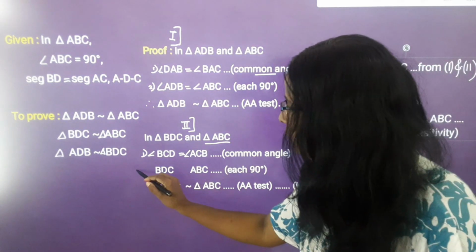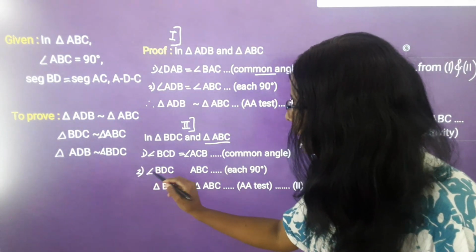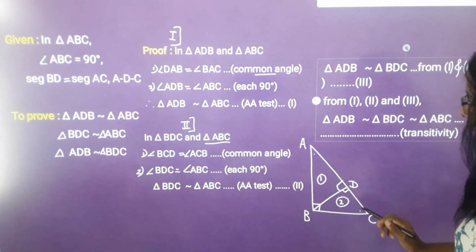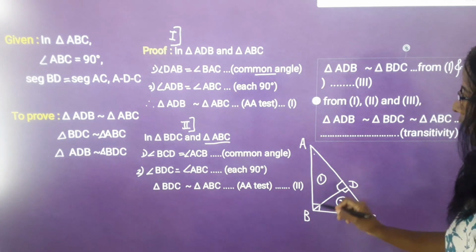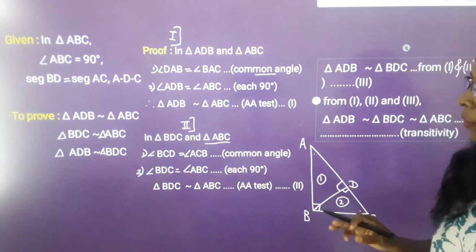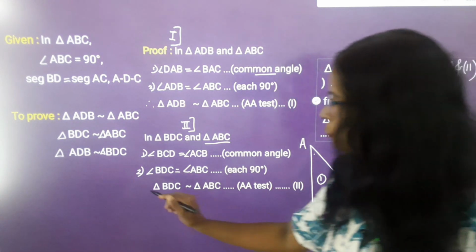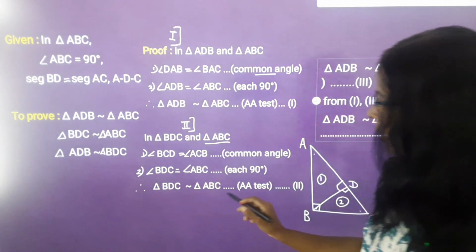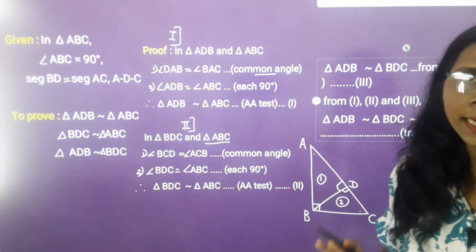Okay, second, angle BDC is equal to angle ABC, because each angle is 90 degrees. So now we have two angles, and therefore we can say that triangle BDC is similar to triangle ABC by AA test.